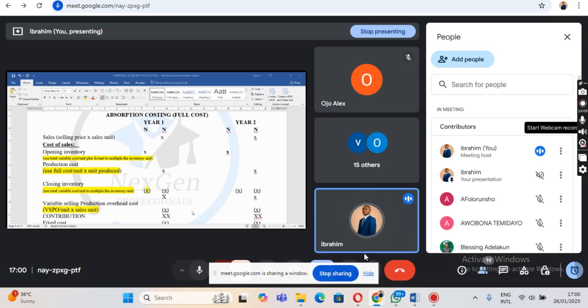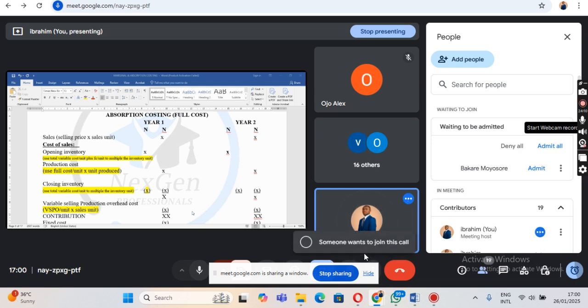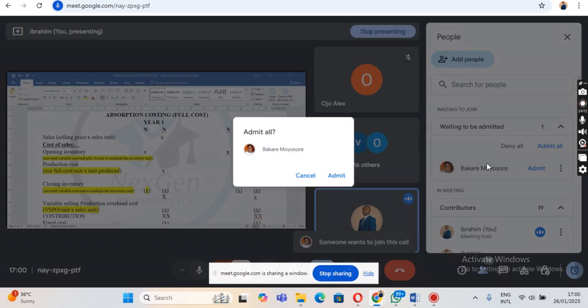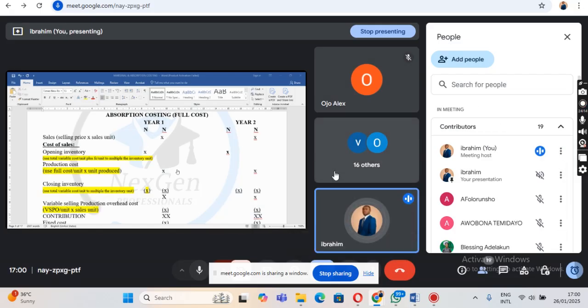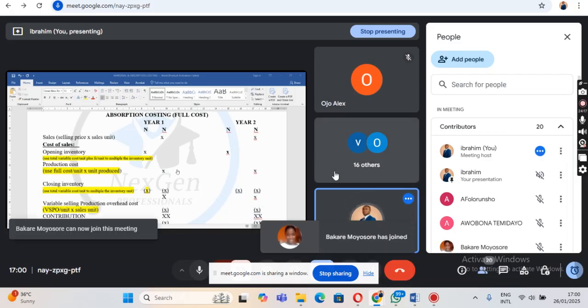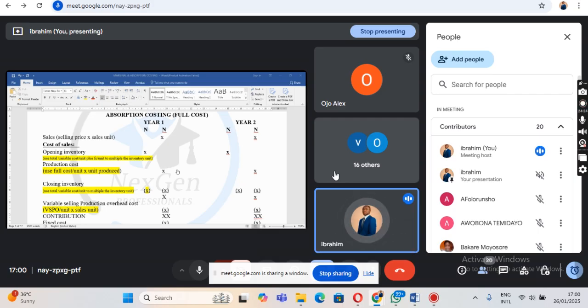To get your production cost, you multiply the full cost, which we have already calculated in step one. Your full cost per unit is the combination of variable cost per unit and fixed cost per unit. How do you determine the fixed cost per unit? You use OAR, overhead absorption rate, which we have determined in our steps.